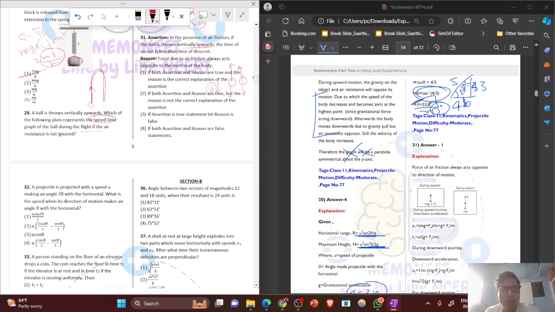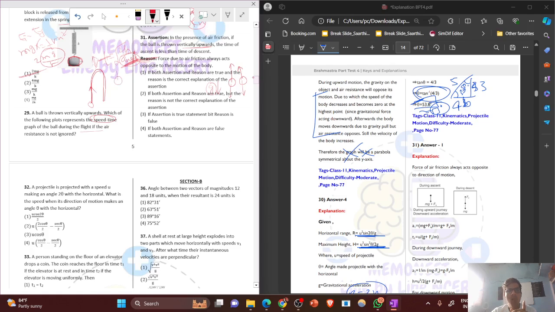Reason is correct. Now we need to think about the assertion. In the presence of friction, if the ball is thrown vertically upward, the time of ascent is less than the time of descent. The time it takes to reach the top is less than the time it takes to come to the bottom. Here you need to understand it, because time is calculated as under root of 2h by a net. If the acceleration a net is more, t is less. If a net is less, t is more.